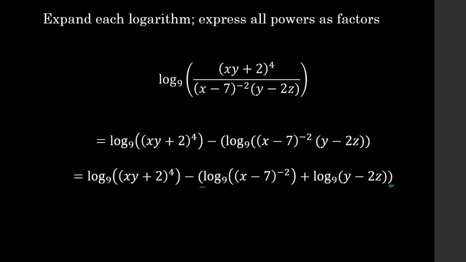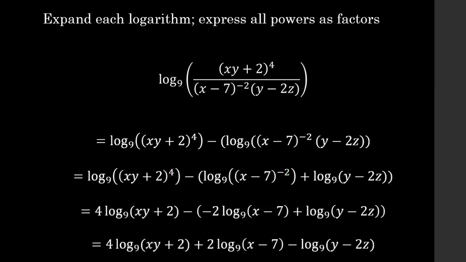And then lastly, we use our power property. We have an exponent here, and we have an exponent here, so we're going to take those powers and move them out front. So we have 4 times log base 9 of xy plus 2 minus the quantity, the negative 2 came out front to give us negative 2 log base 9 of x minus 7 plus log base 9 of y minus 2z.